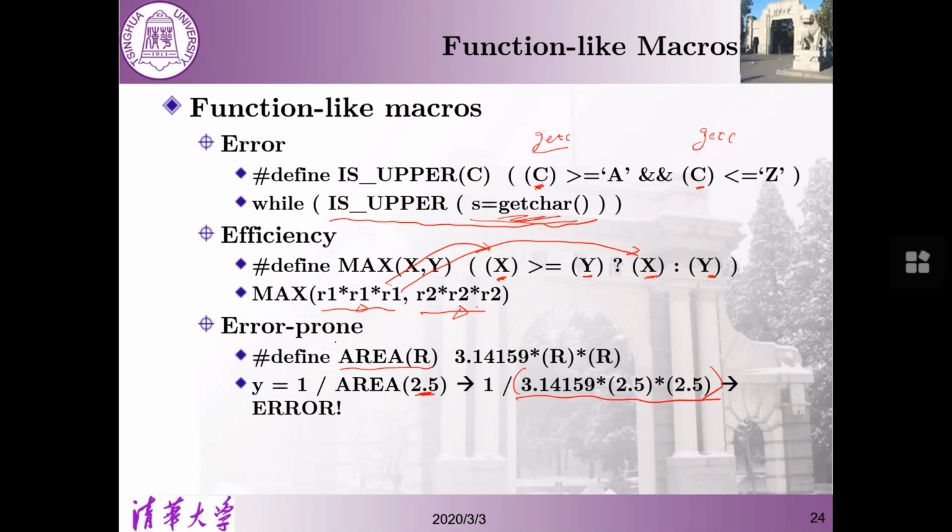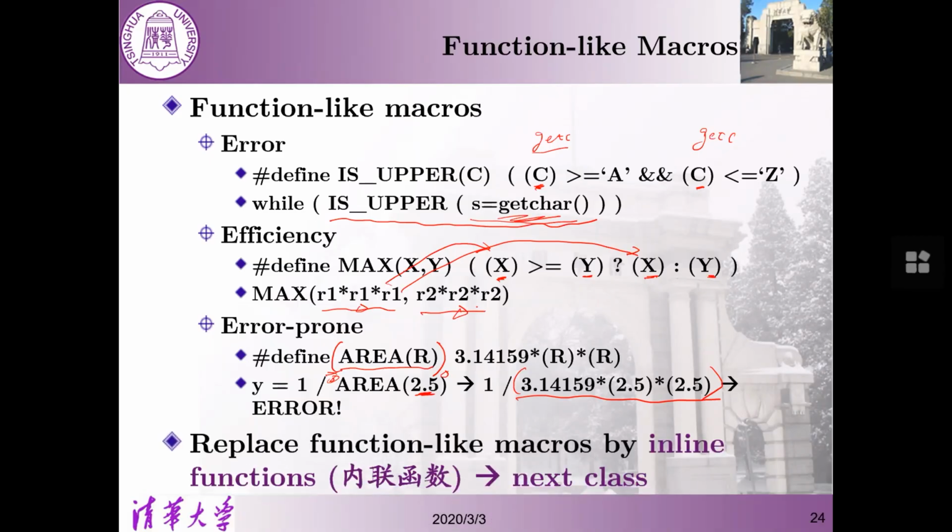So if we use macros, it is very important that we have parentheses at the outermost level. In this way, we can avoid some errors. Okay, so macros are really error prone. So we suggest you use inline functions. We will learn inline functions later.